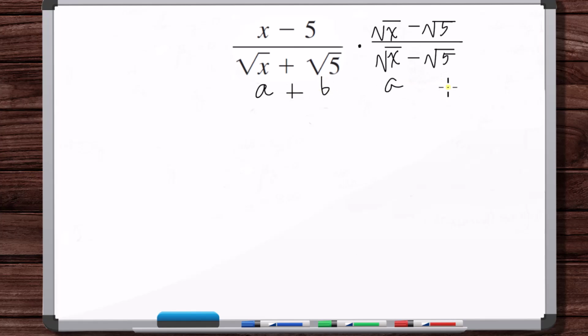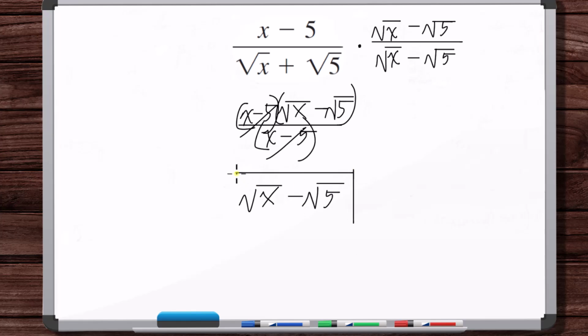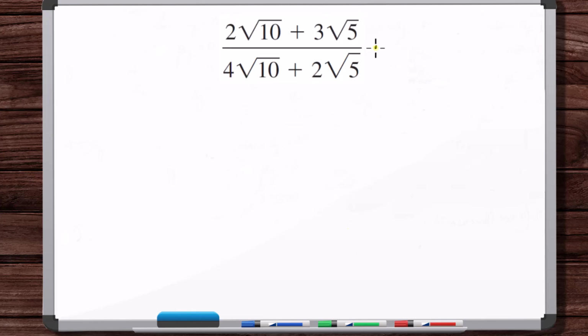So what we're going to get is x minus 5 in the denominator, and then we're left with this up here, and we can cancel out these x minus 5s. And there we go.